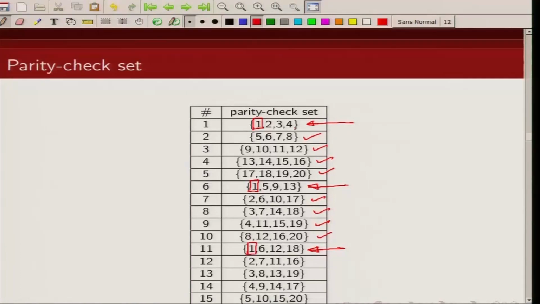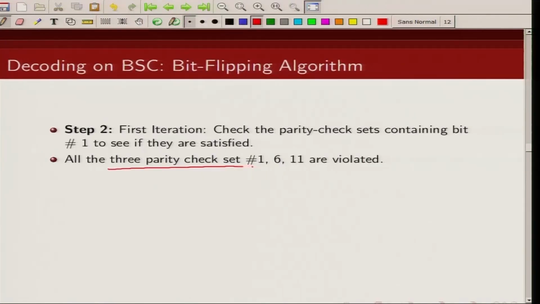This will not be satisfied. Again, these are all satisfied. So you can see all the 3 parity check sets involving bit 1 are not satisfied in this particular example. So, all the parity check sets containing 1, 6 and 11 are violated. Now, what does that mean? It means that there is a very large likelihood of this particular bit being received in error.